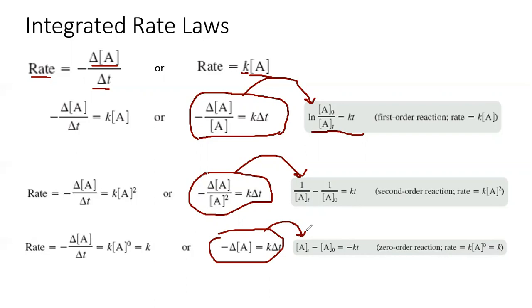So if you go onto Google, you can find out the third order integrated rate law, the fourth order, the nth order integrated rate law. But we're only going to stick to these three integrated rate laws. You don't have to memorize the equation, but you got to know which equation goes with which order of reaction and how to utilize the equation.